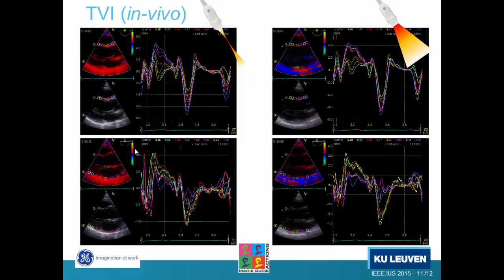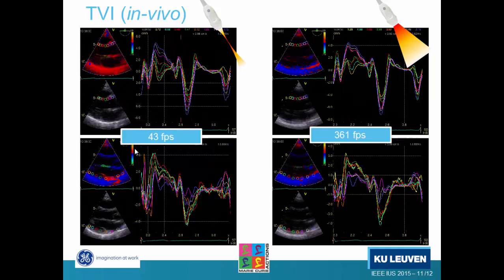So we retain the same waveform. We seem to retain the same peak velocities as well. So this seems to indicate that we can increase frame rate significantly.